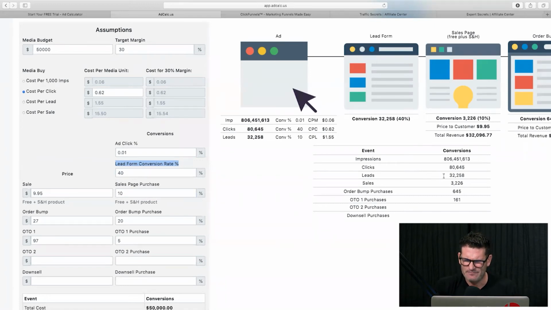So in this scenario, you got 32,258 leads from somebody, which means that at $1.55, that is when you start to pay out. Okay? Now, let's hypothetically say that on this traffic, we're not converting 10% on our sales page. We're converting 5%. Okay? Well, let's see what happens with that number.